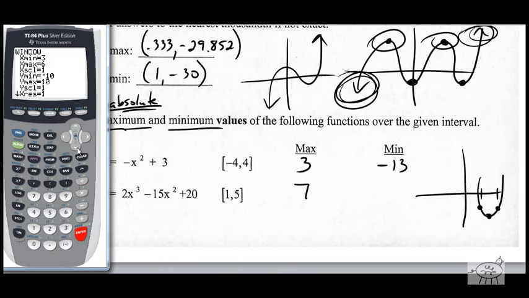Okay, and then I want to go a little bit lower for my y values. Just because I kind of know this, y minimum is going to be negative 120, and y max is going to be, we'll say, negative 50. And we hit graph. We can see what's going on.